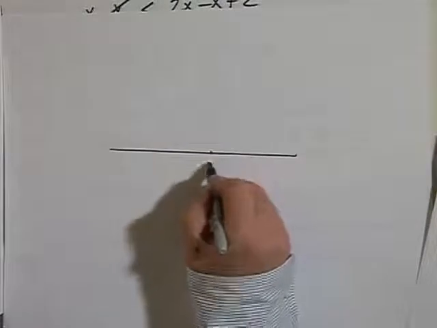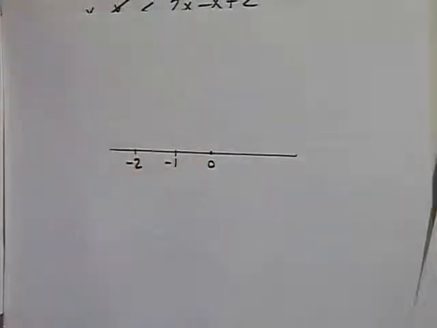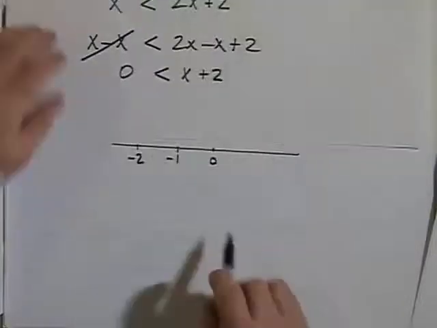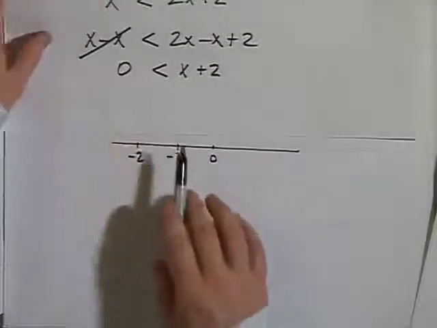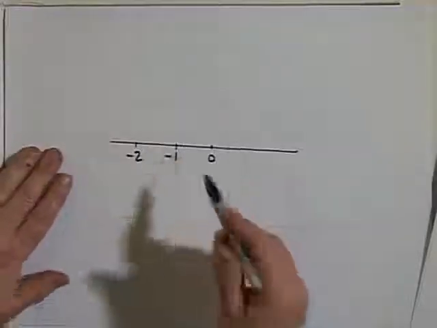If we just imagine, say, a straight edge or something like that, and imagine that's the number line and say that's 0, minus 1, minus 2. And the point now is, we're told that x is greater than minus 2.